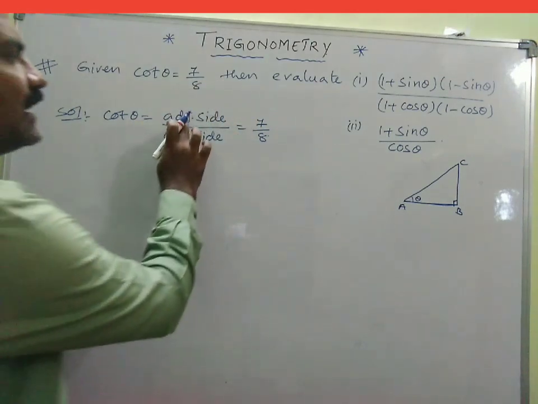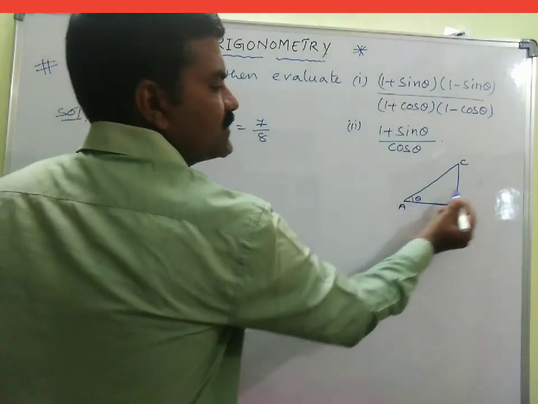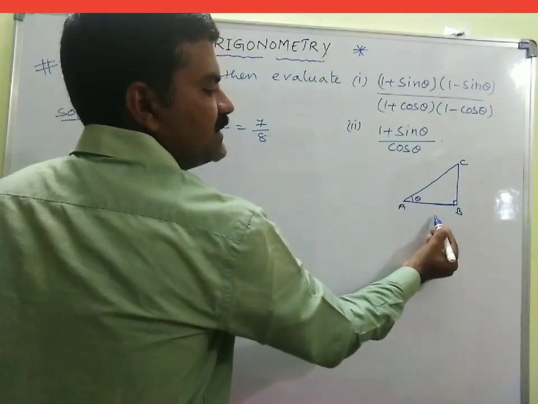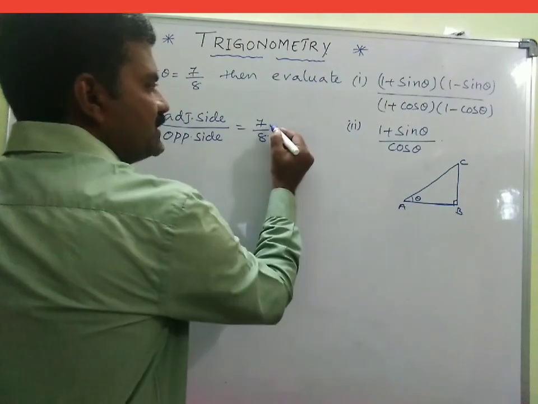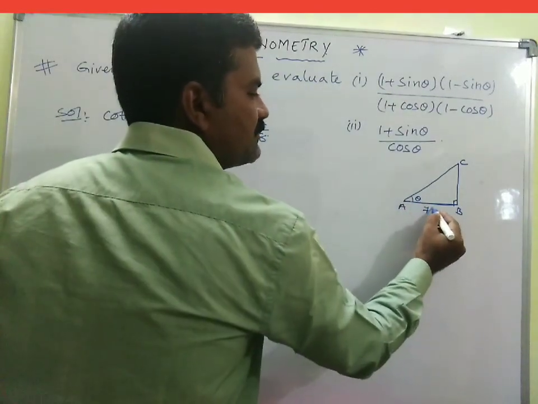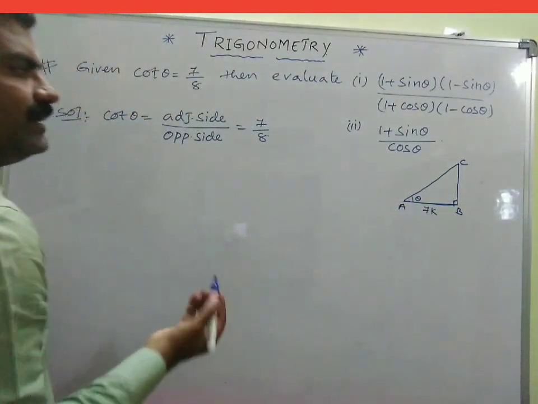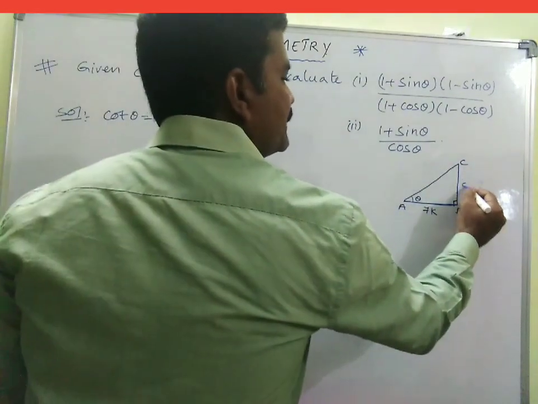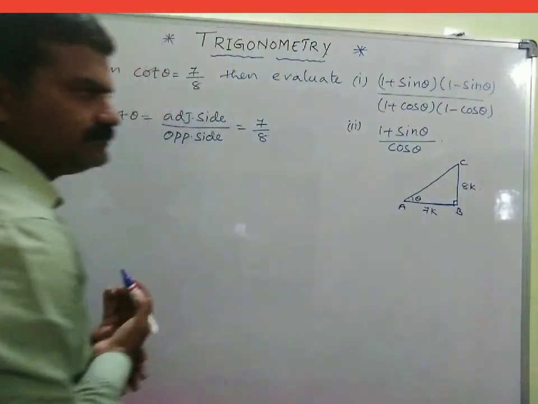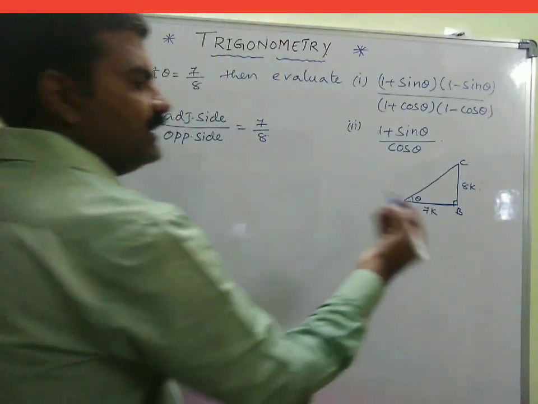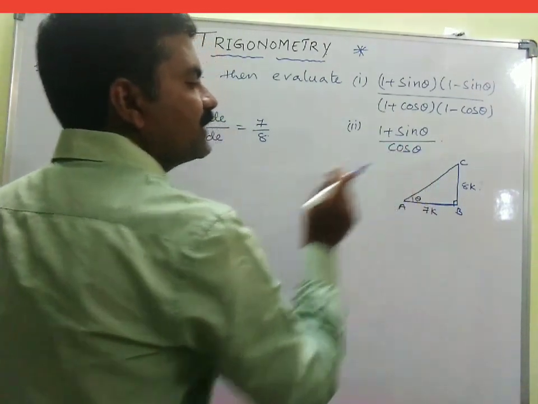So the adjacent one I need to consider as some 7k, and the opposite one is 8k. Then I want to find out the third side also.